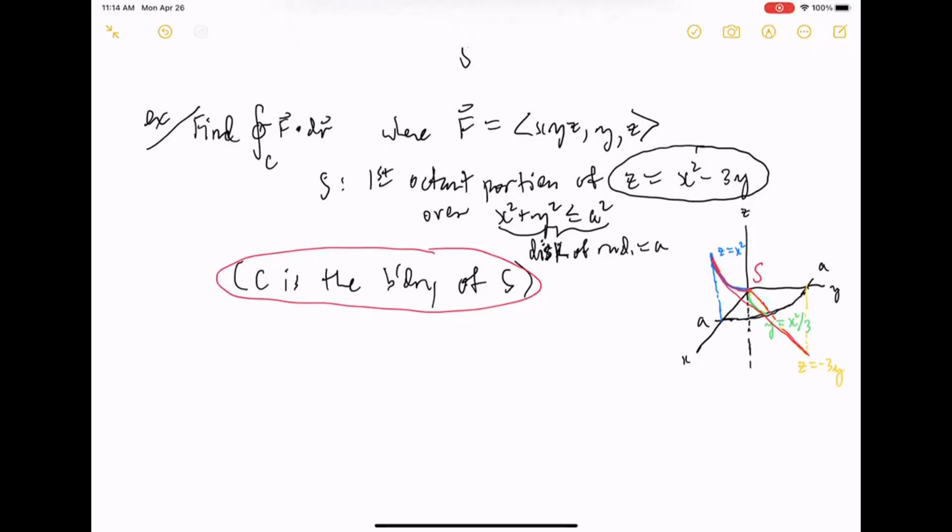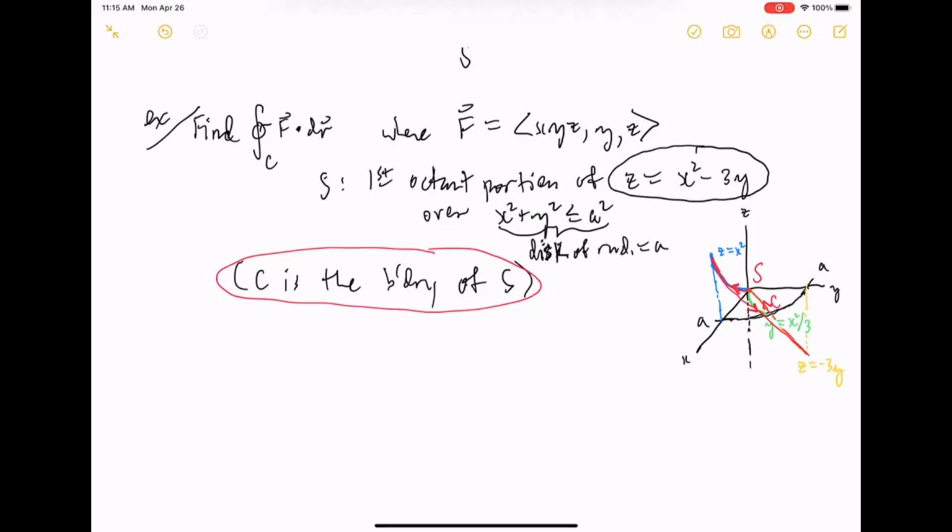The positive orientation means that as I look down on this, the thing is going around in a counterclockwise direction. Like this. So there's our curve right there. Here's our curve C, and our curve C goes around like that.